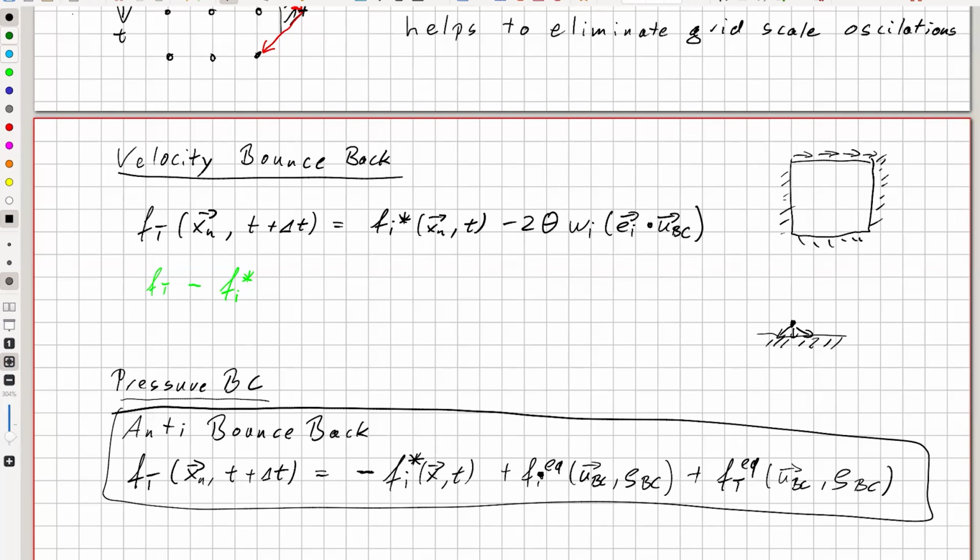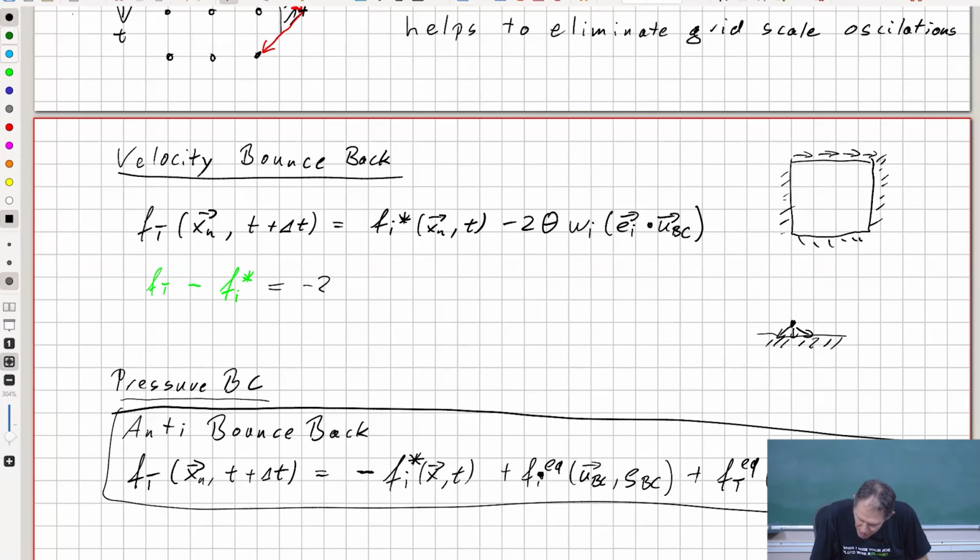So you see this is kind of acting on a first order moment, because the difference between the one that is going in and is going out is equal to the velocity. Yeah, so it would be minus 2 theta w_i e_i times u_bc, right? So this sets a first order moment.